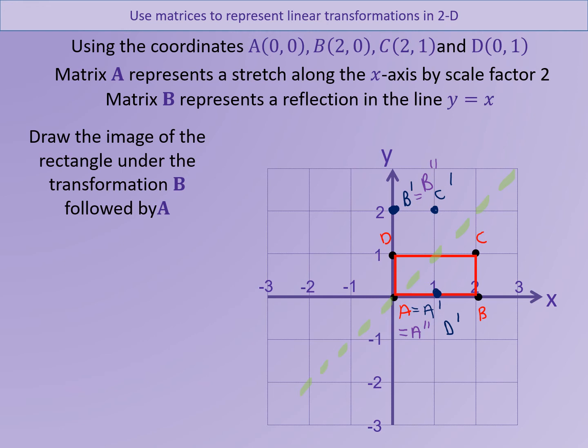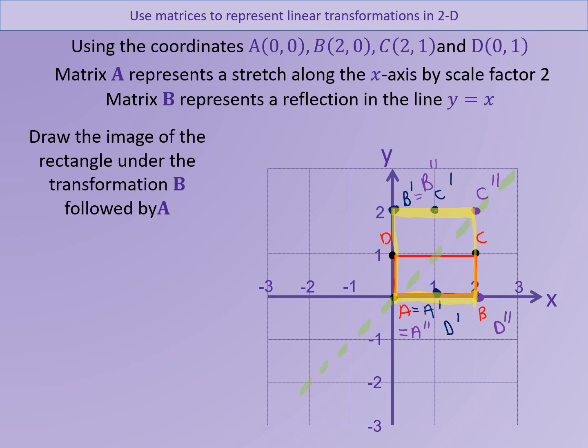They currently have a length of 1, and therefore their new position, D prime, will be mapped to where B originally was. So this is D double prime, and C prime will be mapped to this position here as C double prime. So our new shape, if I draw a sketch of this, is the image of that original rectangle, which is now a square.